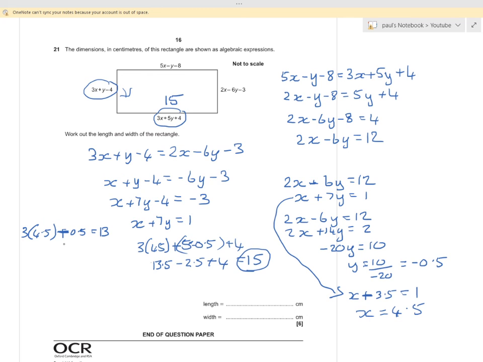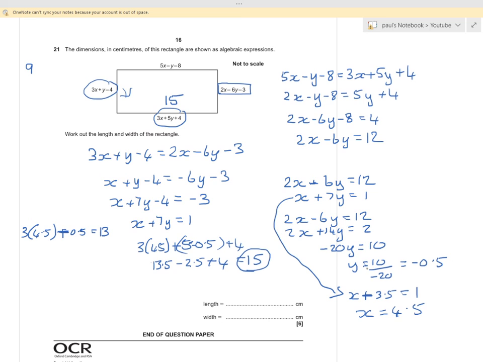So I've got that as 15. This is not quite right, is it? I think that's right, 15. Let's try this one here. So 2 times x. Remember, x is 4.5, so that's 9.